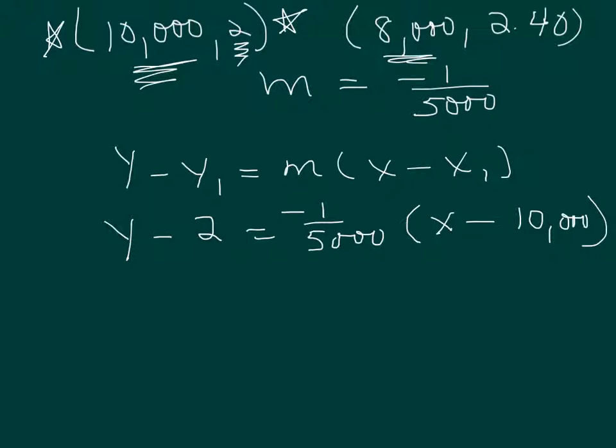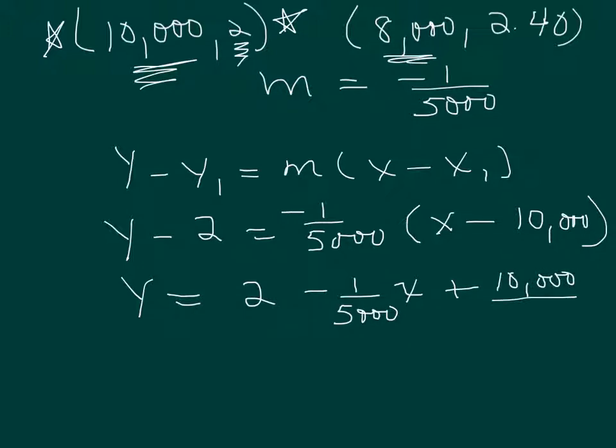So move your 2. So I'm going to say y equals 2, that's positive now, minus 1 over 5,000 x, minus times a minus is a plus, plus, so I have plus 10,000 over 5,000.